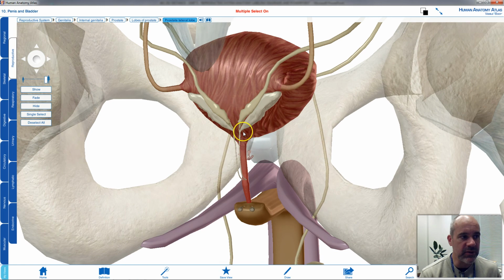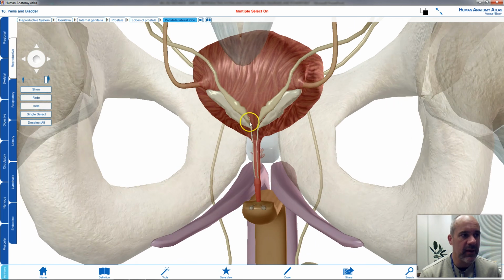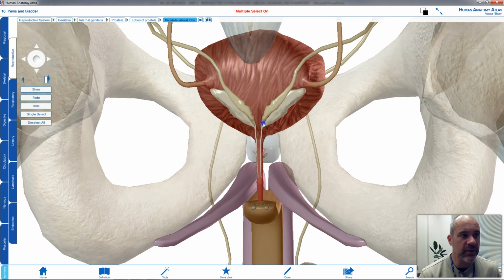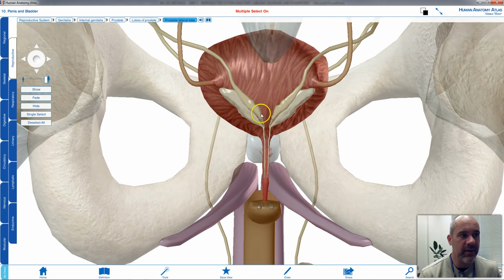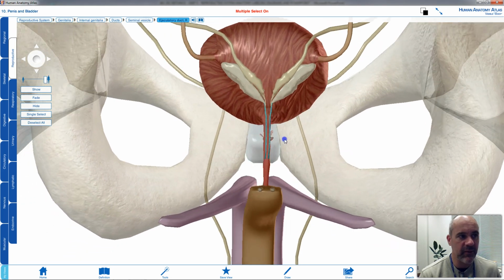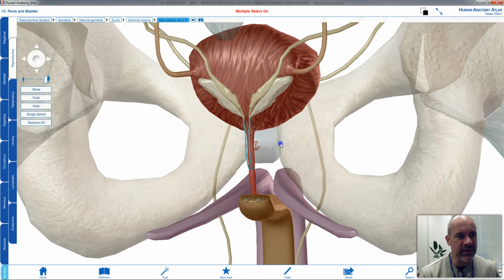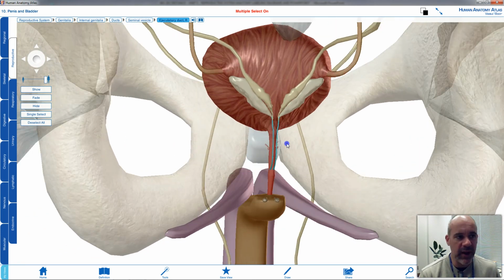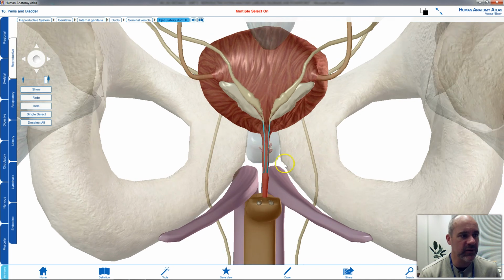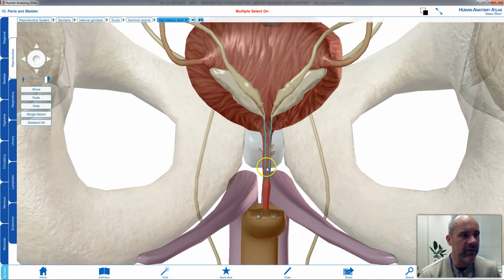And the seminal vesicles do have ducts, they're just very short. The duct of each seminal vesicle merges with each vas deferens, and that leads to an ejaculatory duct on each side. You have one of those on the left and one on the right. Sometimes when you're looking in the textbooks, it looks like you just have one ejaculatory duct, but there are actually a couple of those that are very, very close together.